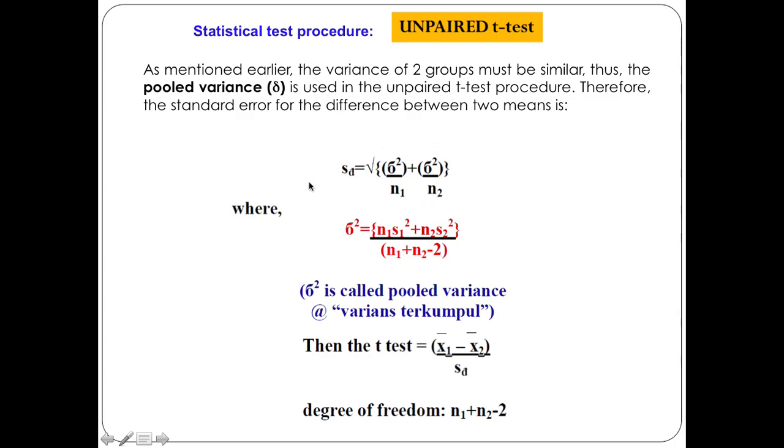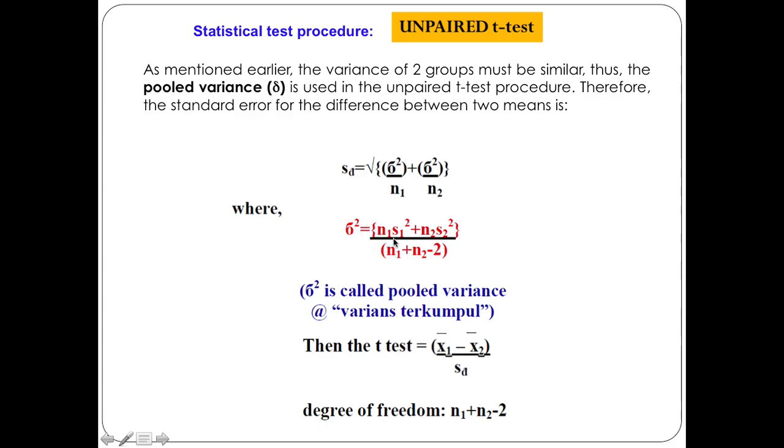And there's one extra thing that you need to calculate in the unpaired t-test, which is the pooled variance. This is the given formula for the pooled variance.